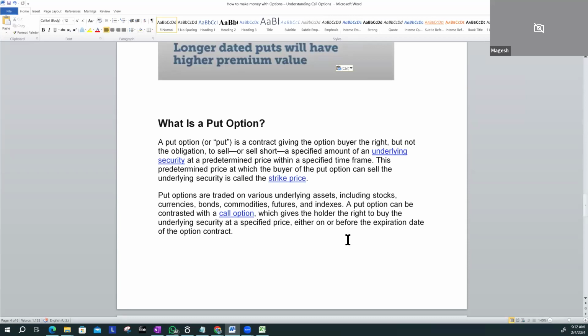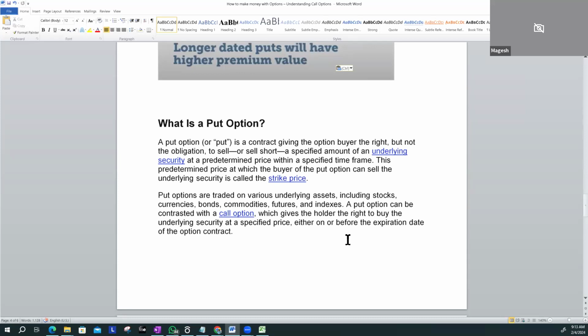If you had held just the shares, you would have lost from 170 to 150, $2,000. Plus, of course, 180 to 170, you anyway will lose that. So instead of losing 2,000 extra dollars, you will lose now $500, the premium that you paid. And you give delivery of the stock to the other person who owns the contract at 170.